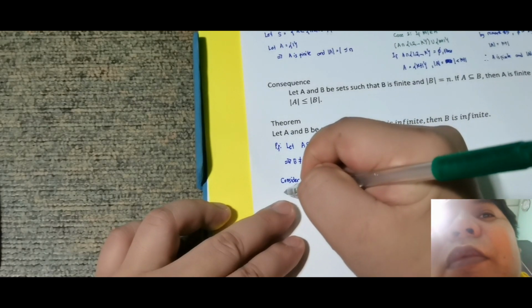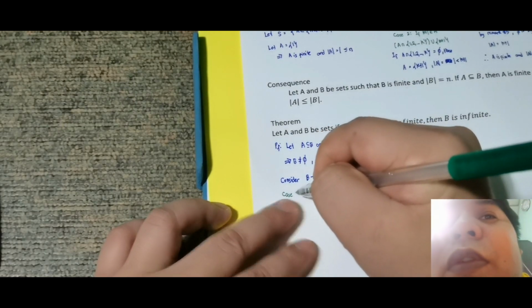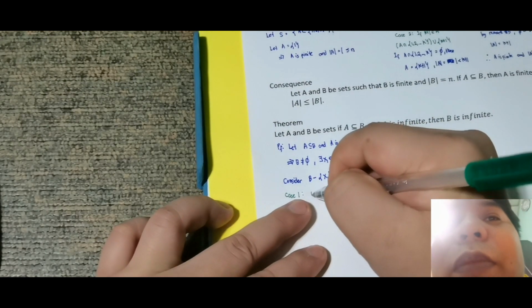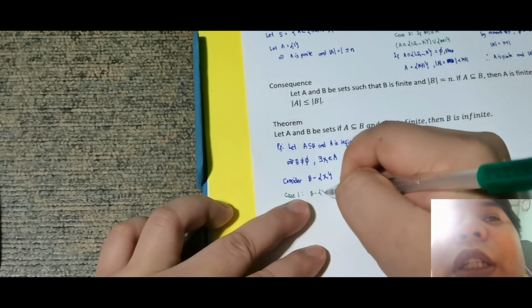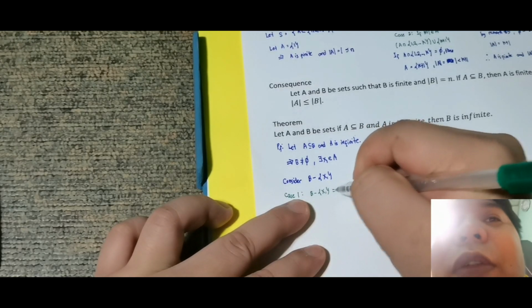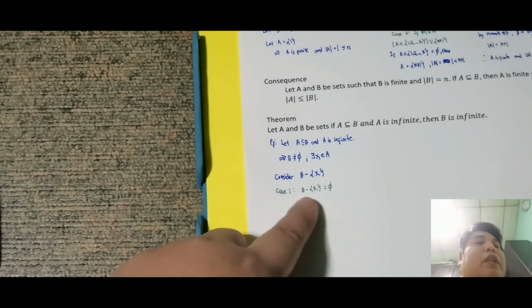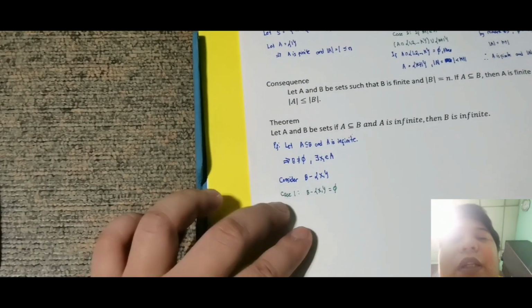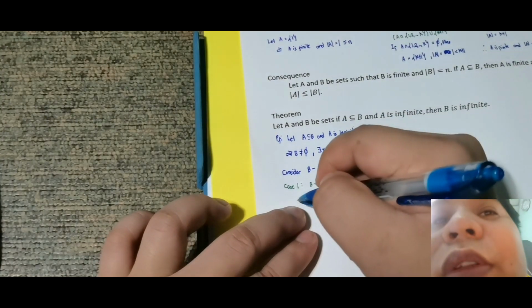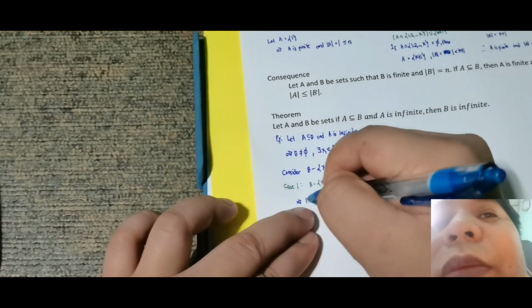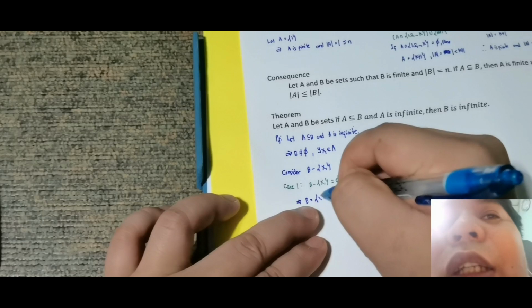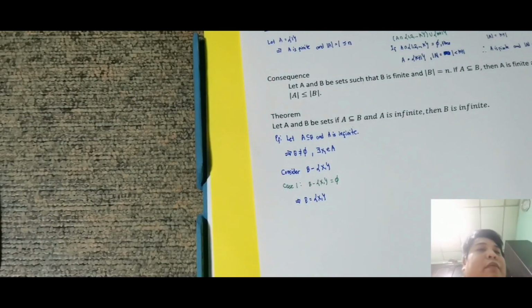case 1, B minus the set containing x sub 1 is equal to empty. Ngayon, kung yung B minus the set containing x sub 1 is equal to empty, ano ibig sabihin? This implies that B is equal to the set containing x sub 1.